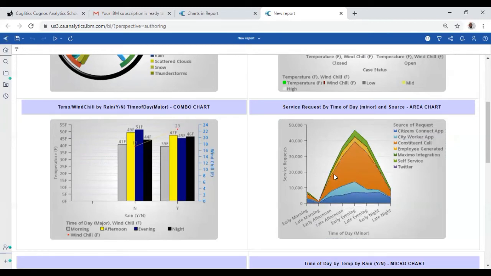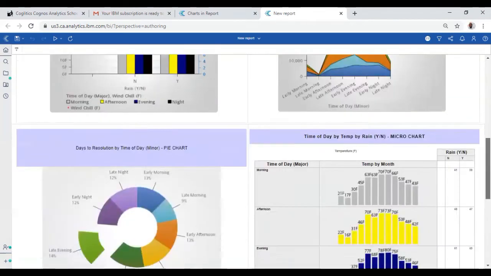This is telling us the source of requests that has the highest is the self service. You can see it is having the highest because it takes the higher position in the area chart, and this is showing the time of the day minor. Time of the day minor is dividing the day into early morning, late morning, early afternoon, late afternoon, early evening, late evening, early night, and late night. So this is a very important and a nice looking chart as well.